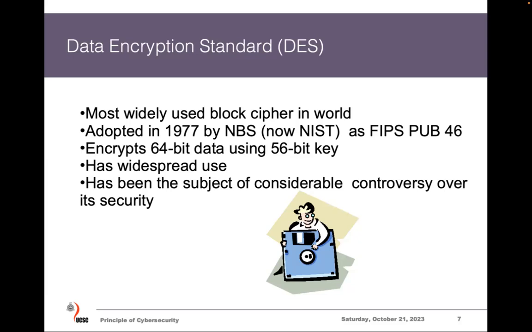The US started creating these standards, and they held a competition among the existing cryptographic algorithms in the world at that time, and they selected one algorithm proposed by IBM. The original name of this algorithm is Lucifer. IBM was a big company at that day, so that algorithm was renamed as an international standard for data encryption. The shorter name for that is DES, Data Encryption Standard.